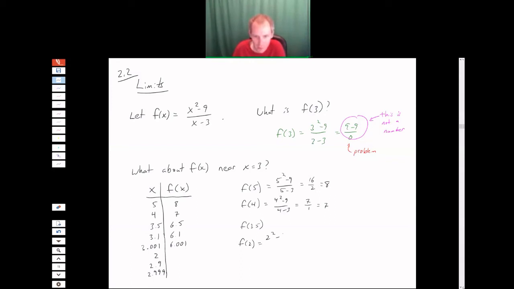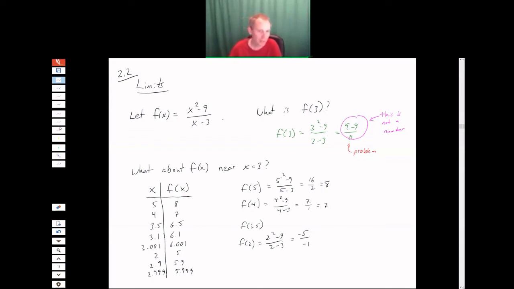If I plug in 2, I can do it by hand on the screen. 2 squared minus 9 over 2 minus 3. It's 4 minus 9, which is negative 5. 2 minus 3 is negative 1. Negative over negative gives me a positive, so that's 5. And then I can use my calculator and say, oh, okay, this is 5.9 and 5.999. Okay, so now let's look for a pattern, right? We're getting an intuitive idea for a limit.